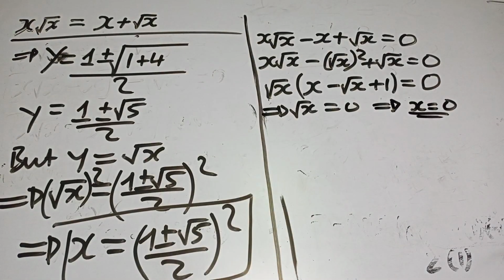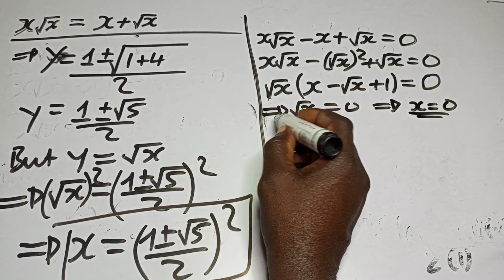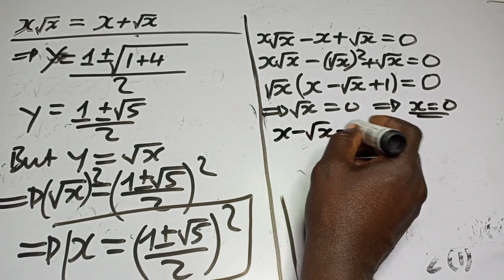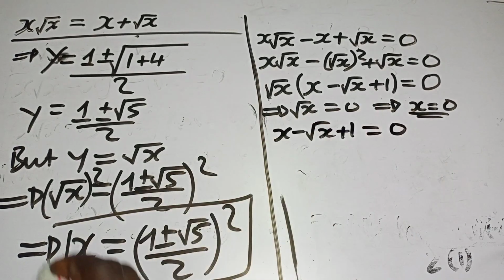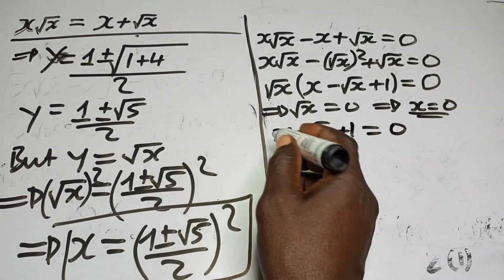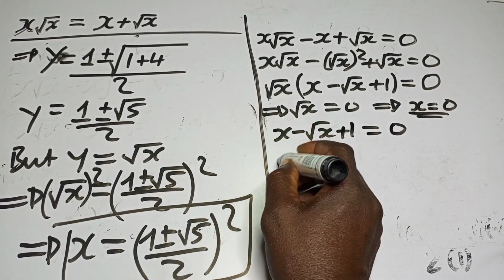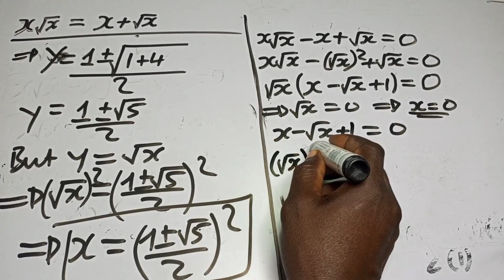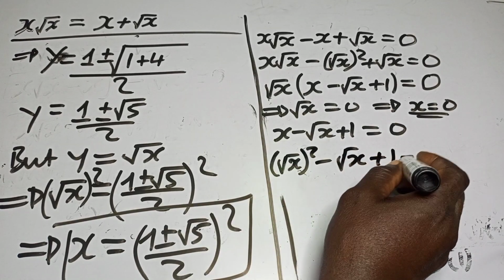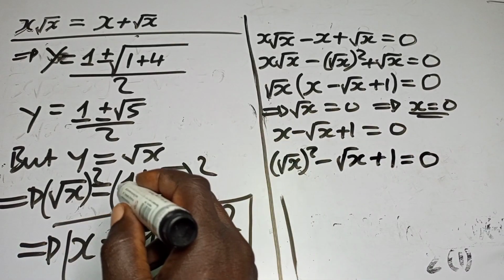Again, this just confirms our first solution, x equals 0. Now, we also have this one, x minus root x plus 1 equals 0. Again, it's also a quadratic in terms of root x, because this is written as root x squared minus root x plus 1 is equal to 0.